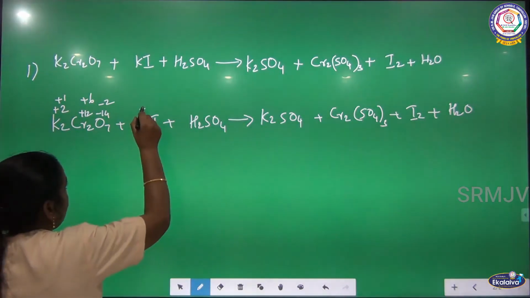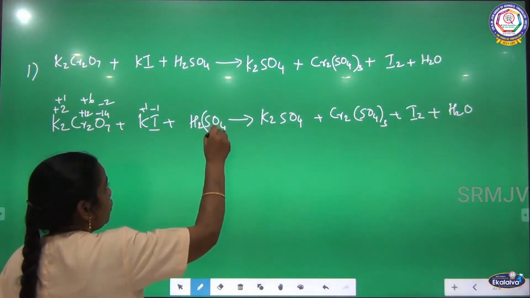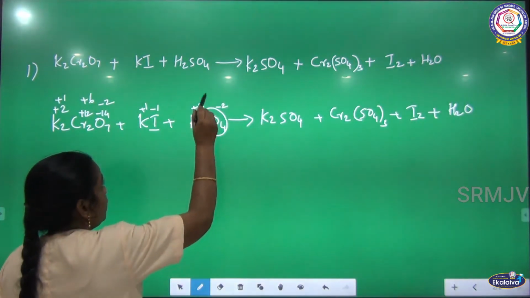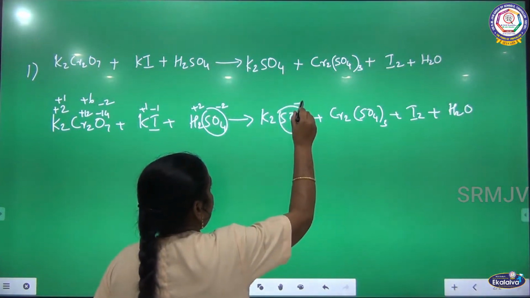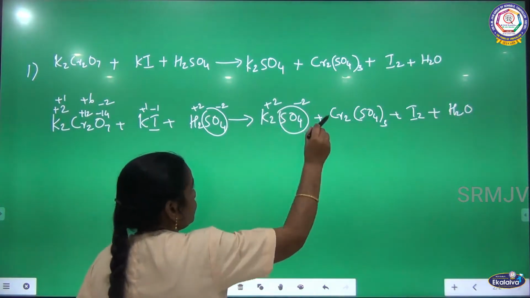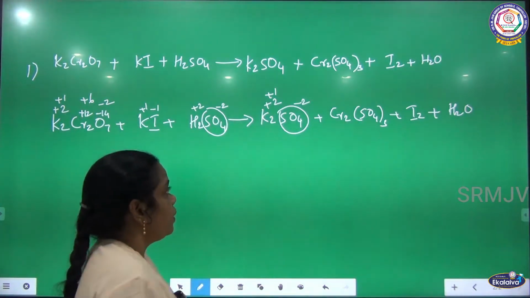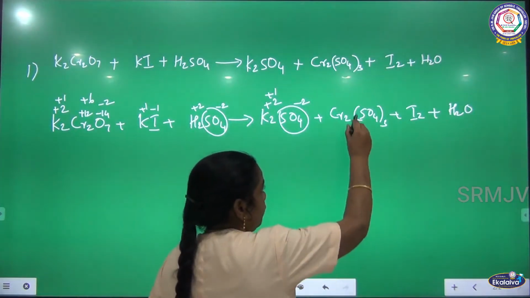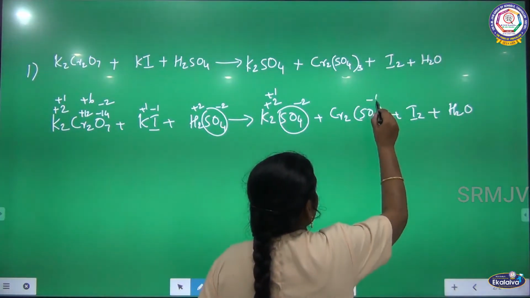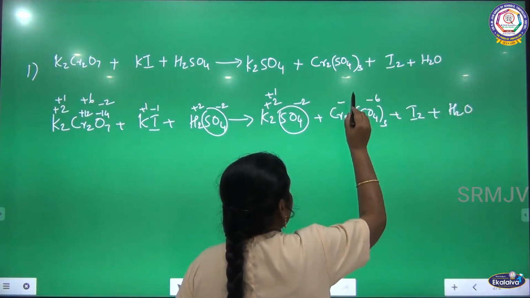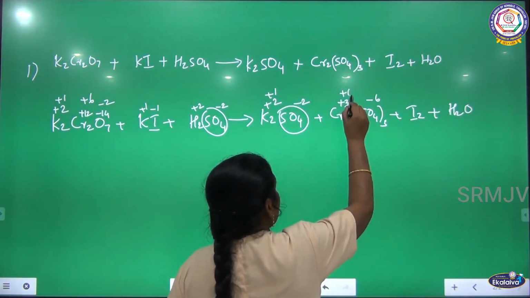And then +1 and -1. You know that the whole sulfate SO4 group is -2. In chromium sulfate, the sulfate group is -2 into 3, which is -6. -6 divided by 2 means +3 for each chromium; multiplied through, you get +6.